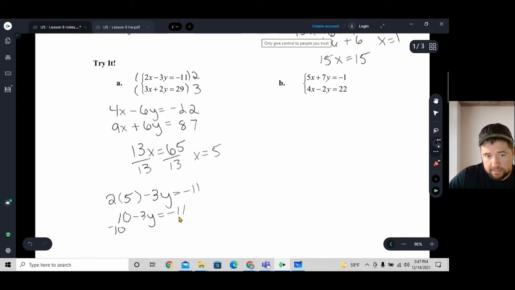Minus 10 from both sides. Negative 3y equals negative 21. Divide it out. Y equals 7. Let's check our math. 3 times 5 is 15. 2 times 7 is 14. 15 plus 14 equals 29.